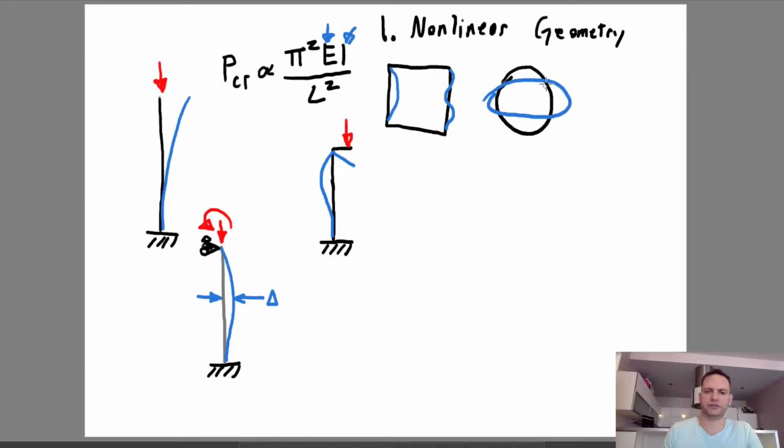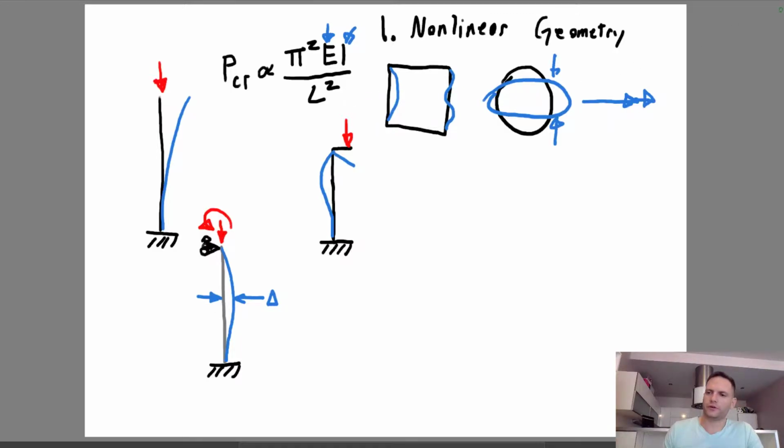Especially if this ovality is a shrinking in this direction, and this is your bending axis right here, this is going to cause this moment of inertia to drop. And if you don't take this into account, you can vastly underestimate the capacity of your column.